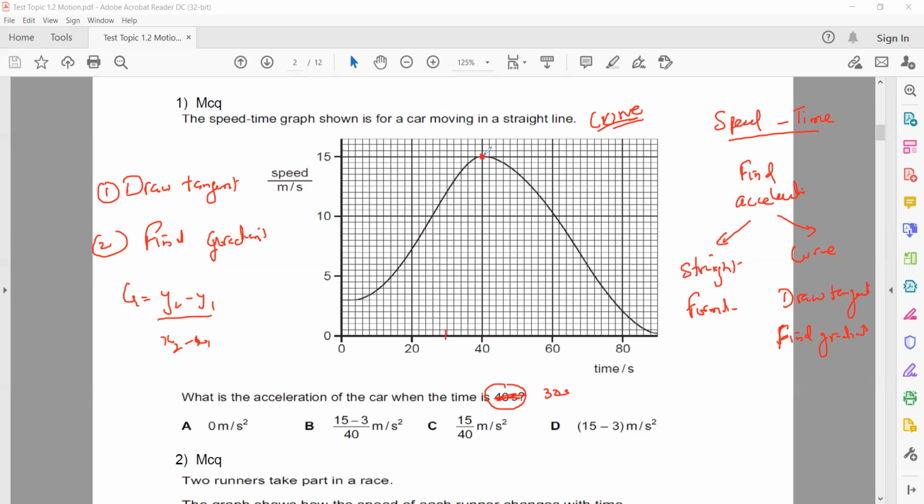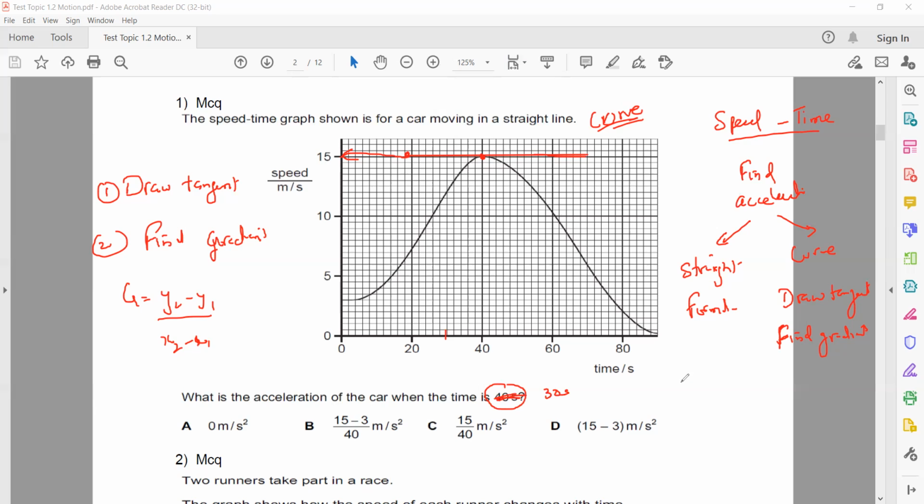So we mark a point where time is equal to 40 and draw a tangent. When we draw a tangent at this point, the length of the tangent is up to you. Any length you can draw. When we take the 2 points, the first point on the y-axis is called y1 and the second point on the y-axis is called y2. But because it is a horizontal line, y1 and y2 will have the same value.